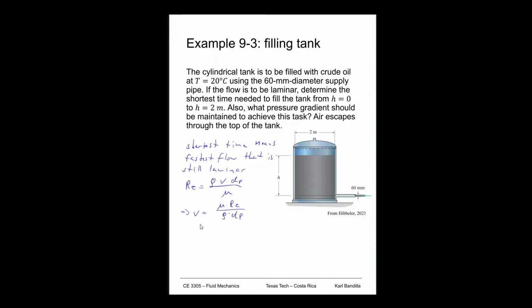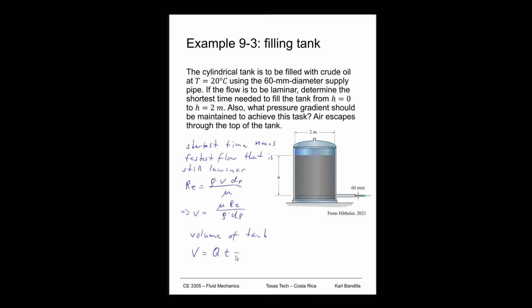Now, if we want to fill this tank, we want to have this tank full, so we can figure out the volume of the tank. We can say volume of tank, that's a capital V. And of course, because we have a flow coming in, we can say the amount of oil in this tank is the flow rate times time.